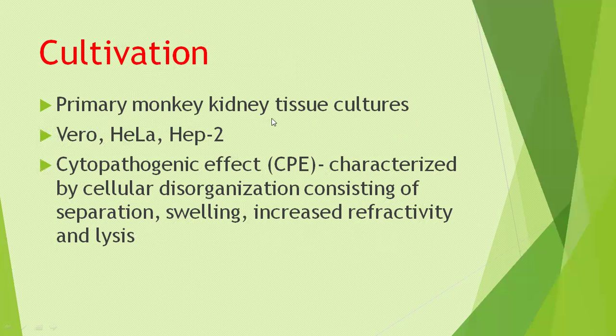So it can be grown in primary monkey kidney tissue cultures, and in Vero cell lines, which means vervet monkey kidney cell line, and HeLa cell line, which means human carcinoma of cervix cell line, and HEp-2 cell line, that is human epithelioma of larynx cell line. So the virus can be grown in Vero monkey kidney cell lines, HeLa cell lines, and HEp-2 cell lines.